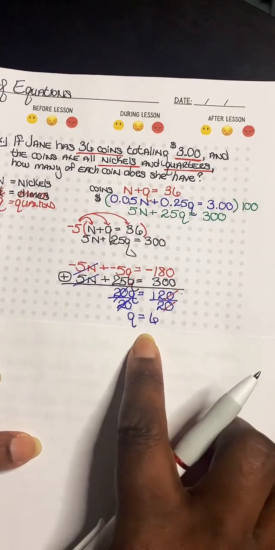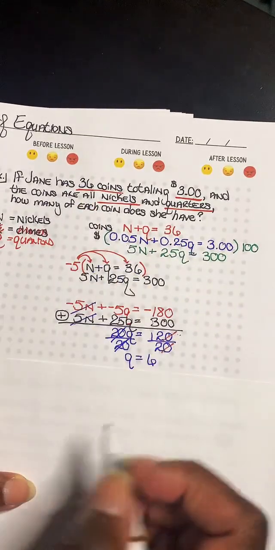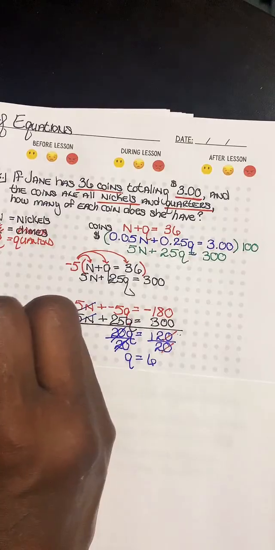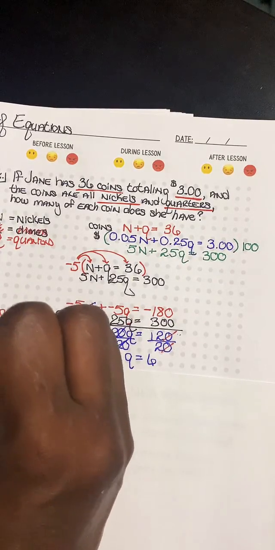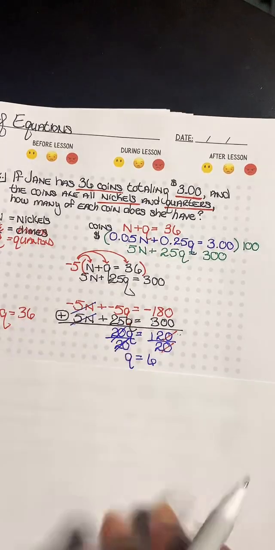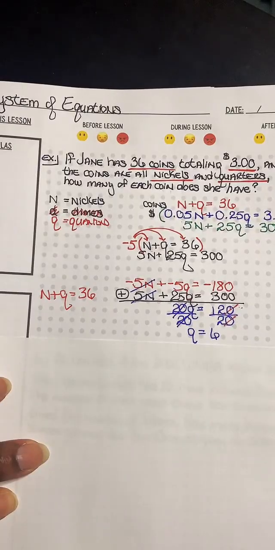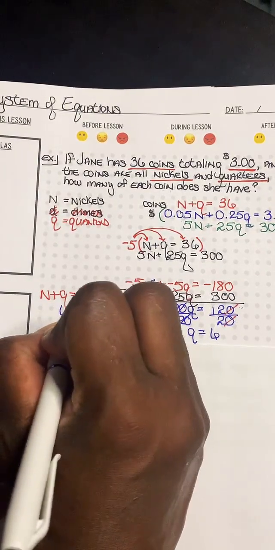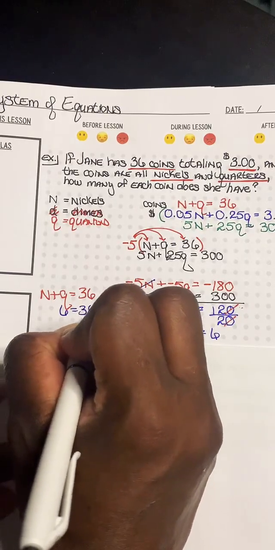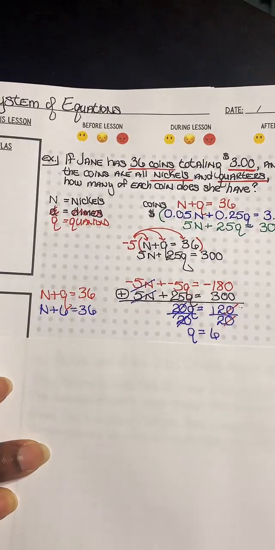All right. So remember, we had 36 coins in the beginning. If we know we have N plus Q is equal to 36, and we know that Q is going to be 6, we could put it like this, but hey, when you're testing, you don't have to be all fancy and schmancy about it.